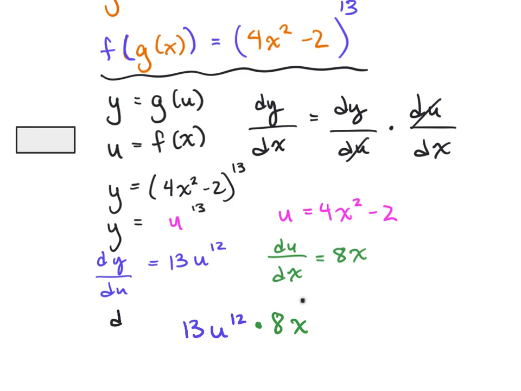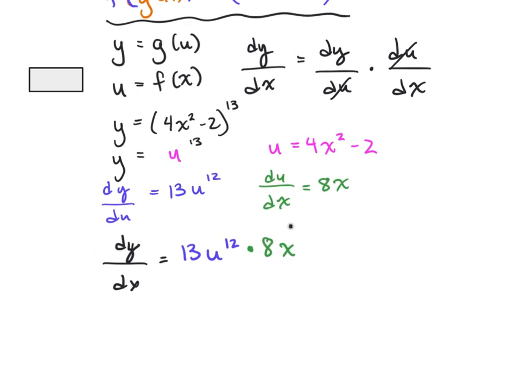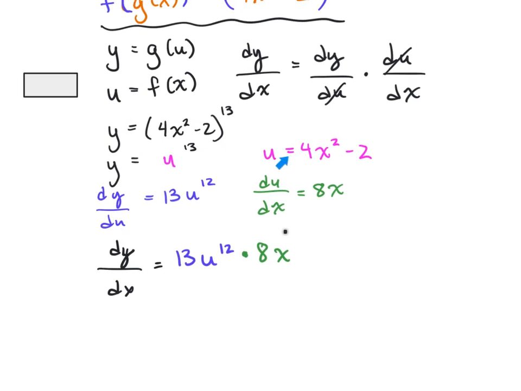That really is my derivative of y with respect to x, except I've still got this pesky u here. I just want to have x's. So I'm going to use the fact that I know u is equal to this. I'm going to replace it, and I'm going to get 13 times (4x squared minus 2) to the 12th times 8x is equal to the derivative.